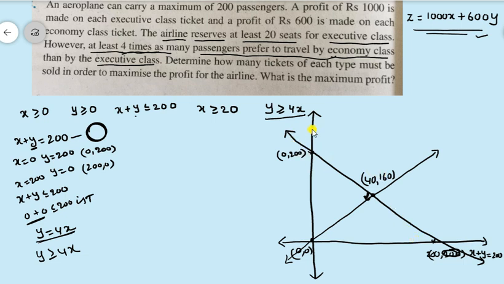Already a point is there, 0 comma 200, take that point. Okay, I am substituting 0 comma 200 there. In place of y we substitute 200, in place of x we substitute 0. 200 is greater than 0 is true.